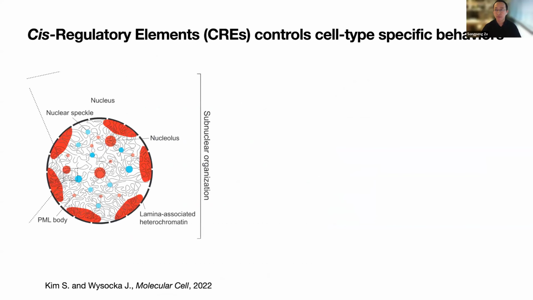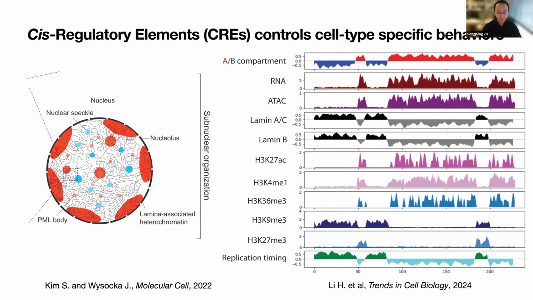Our aim is to use the ATAC data to identify the structural elements that are critically important in controlling cell-type-specific behaviors. Here is a figure introducing the nuclear structure. The chromatin at a large scale has territories, and also another level of structure, the A compartment or B compartment.